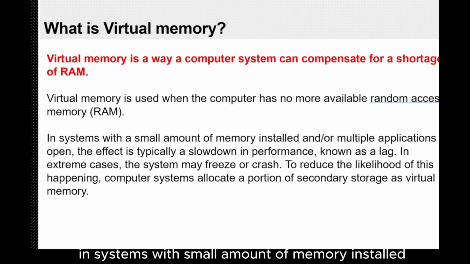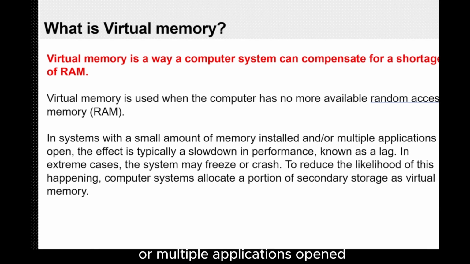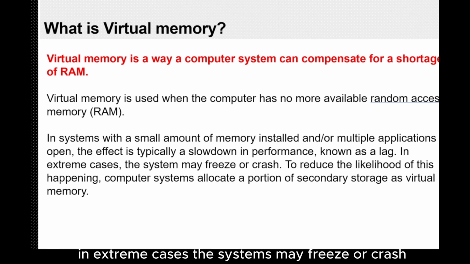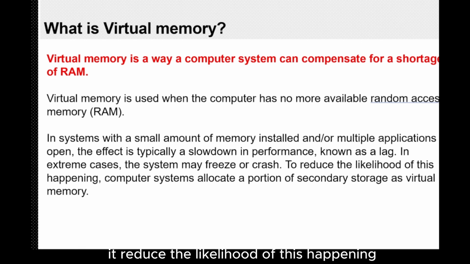In systems with a small amount of memory installed or multiple applications open, the effect is typically a slowdown in performance known as lag. In extreme cases, the system may freeze or crash. To reduce the likelihood of this happening, computer systems allocate a portion of secondary storage as virtual memory.